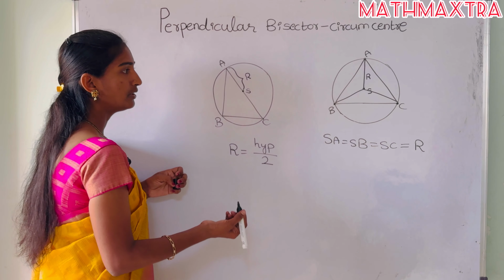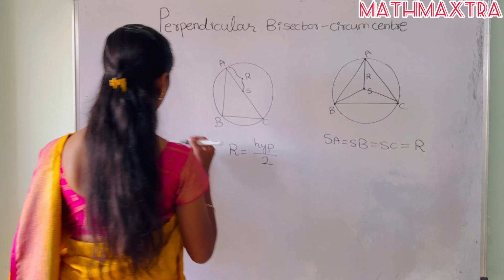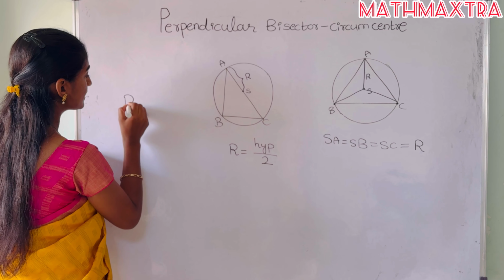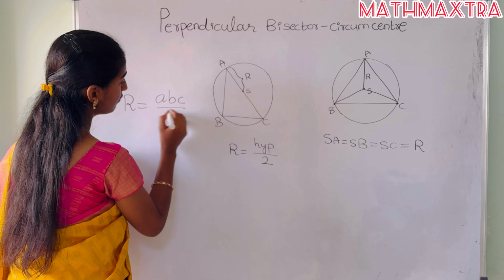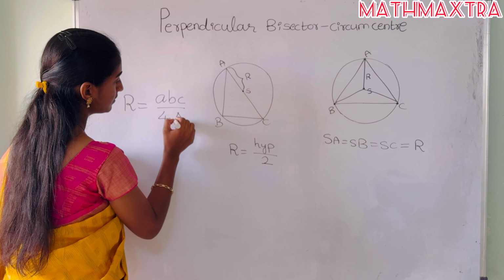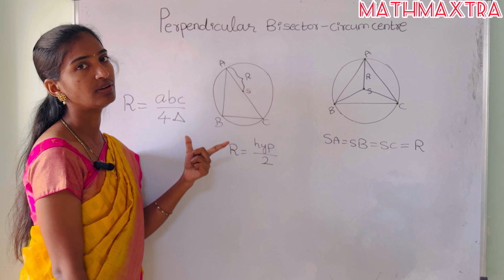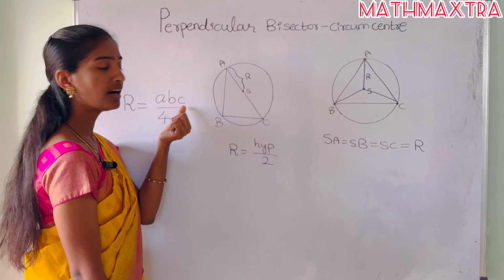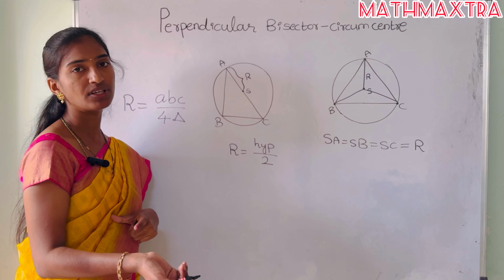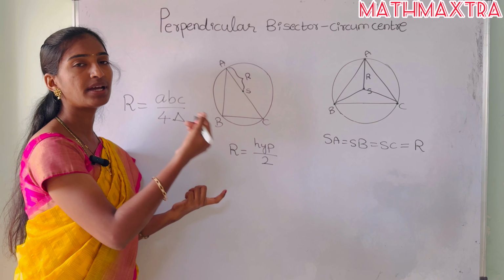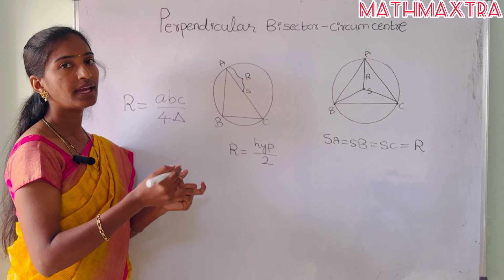And for a general triangle, how can we calculate the circumradius? We can calculate the circumradius by abc by 4 delta. By this formula, we can calculate the circumradius for any triangle. Here a, b, c are the sides of a triangle, and delta is the area of the triangle.